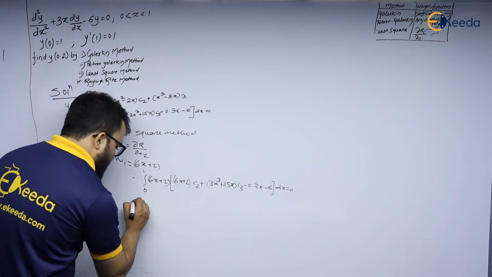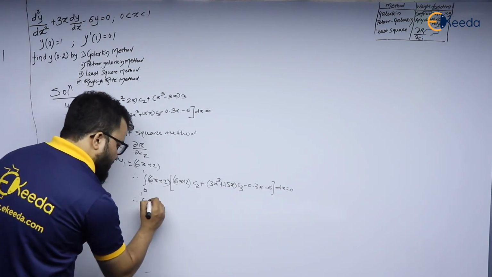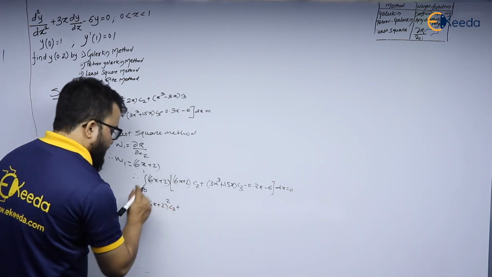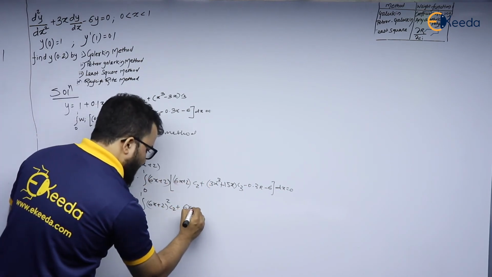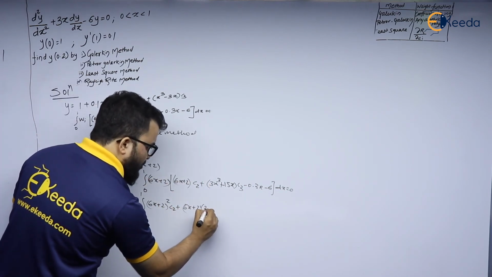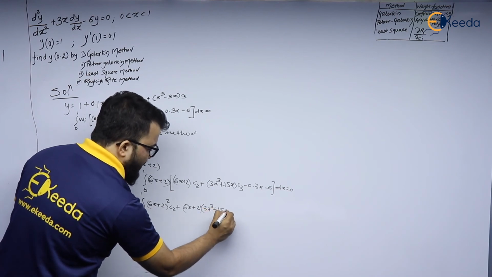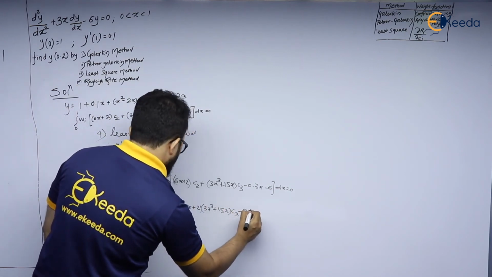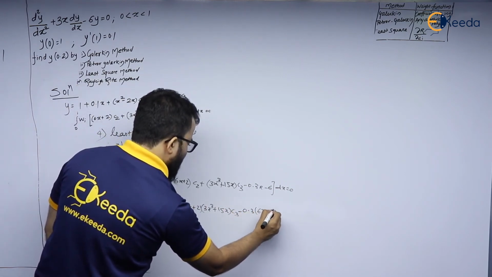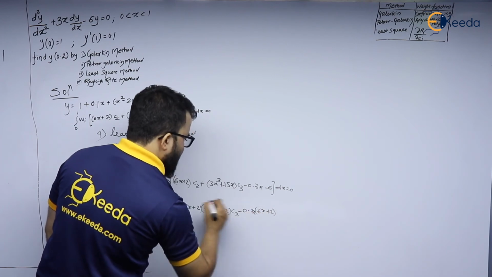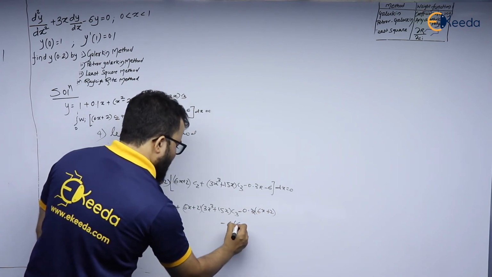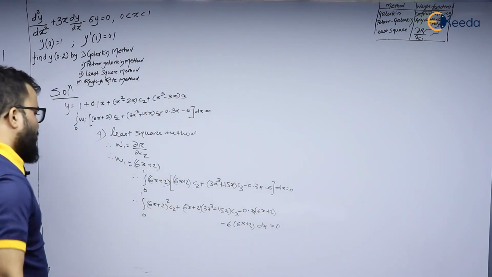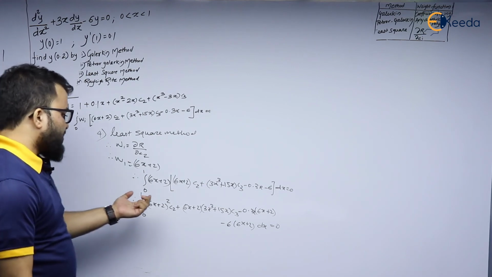After multiplying I will get the integral from 0 to 1 of (6x plus 2) squared into C2, plus (6x plus 2) into (3x cube plus 15x) into C3, minus 0.3x into (6x plus 2), minus 6 into (6x plus 2) dx is equal to 0. Now I will solve this bracket first.